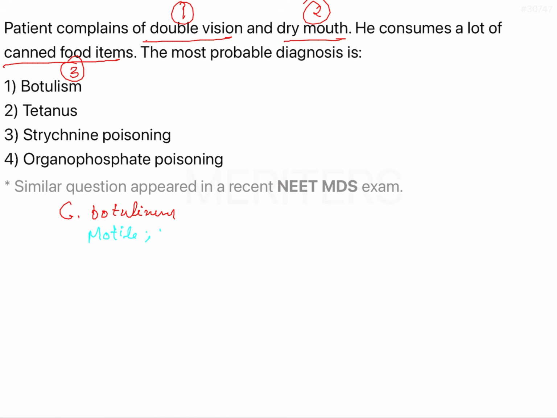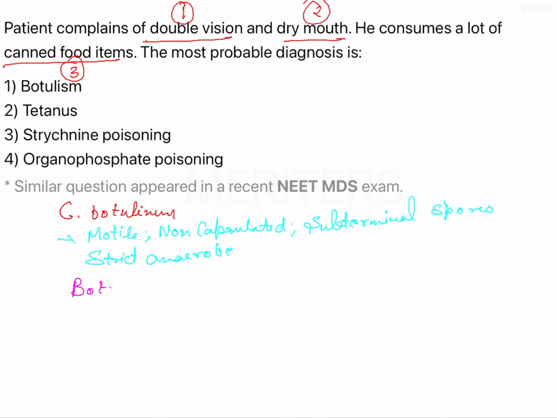It is non-capsulated and it has subterminal spores and it is basically a strict anaerobe. Now these are certain features of C. botulinum. Now this botulinum on lysis generally releases a toxin that is known as the botulinum toxin.